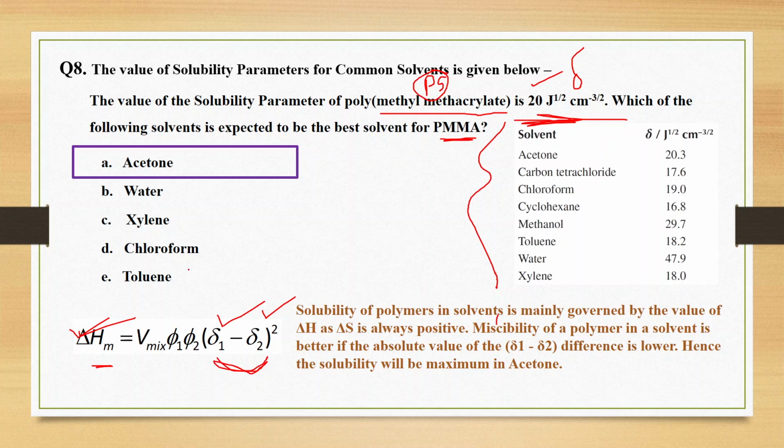So for those who answered chloroform, see there is another answer, acetone 20.3, so the difference is just 0.3, right? But in case of chloroform it is 19 minus 21. So suppose if acetone was not in this chart, then your answer could have been correct, that chloroform was the correct answer. But for this particular case, you see this difference is much less than in case of chloroform, right?